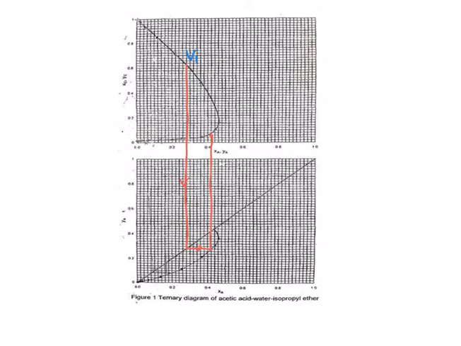The tie line must be drawn between V1 and L1. So this is the position of your L1. When you want to draw your tie line, you can draw it as a dotted line here. So this is stage number 1.